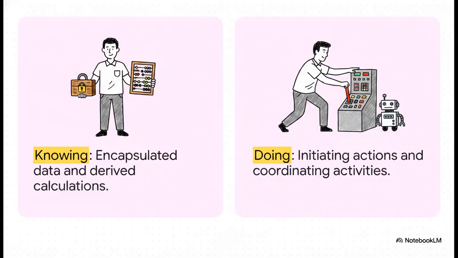If an object is responsible for knowing, its whole job involves holding on to private encapsulated data, knowing about other related objects, or calculating derived values. That's it. But if an object is responsible for doing, well, its job is taking action, initiating actions in other objects, or just controlling and coordinating activities across the entire system.